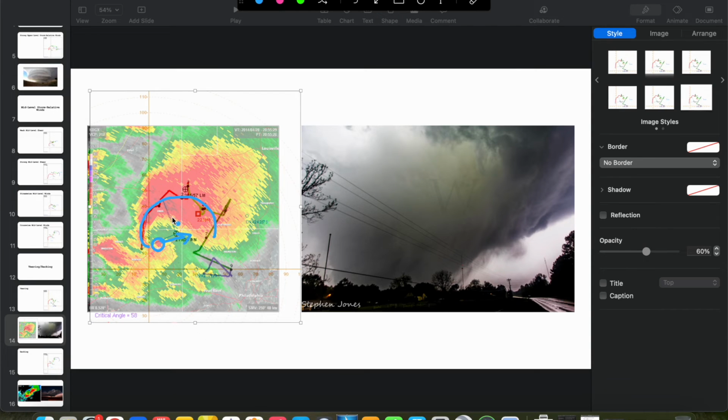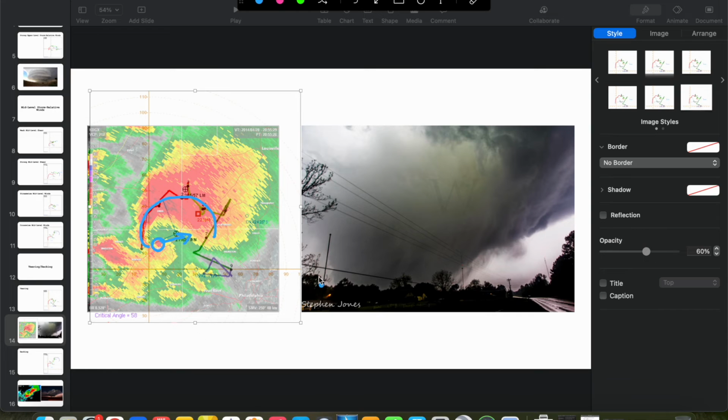So when we have a situation like this, significant veering through the profile, you often will see a more, not high precipitation storm mode, but a tornado that will be more difficult to spot because that tornado is moving into the storm's own forward flank precipitation core. You can kind of see that from this image at the right.